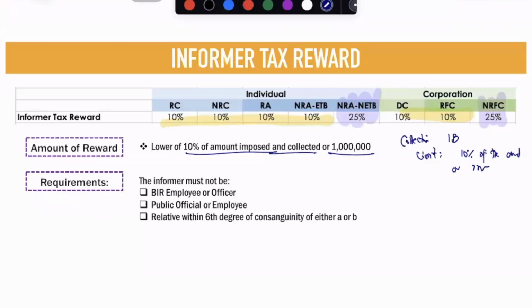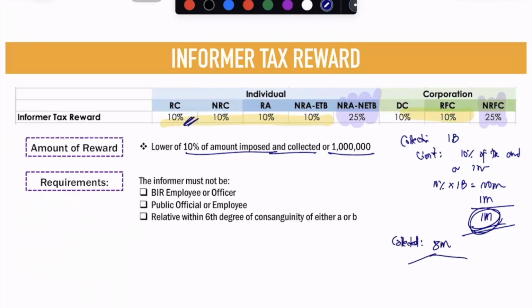So if that is 1 billion, then 10% of 1 billion is 100 million. Lower between 100 million and 1 million is 1 million. So what we will tax is 1 million. And what is the tax? 10%. Another example, what was collected by the BIR is, let's say, 8 million.